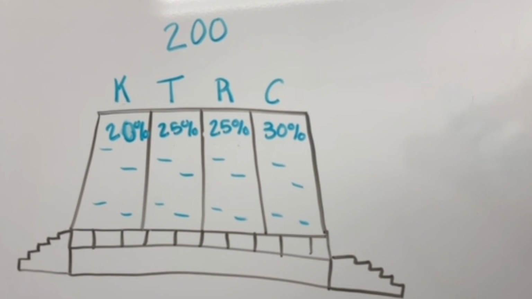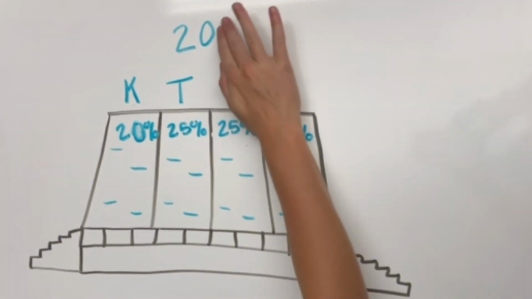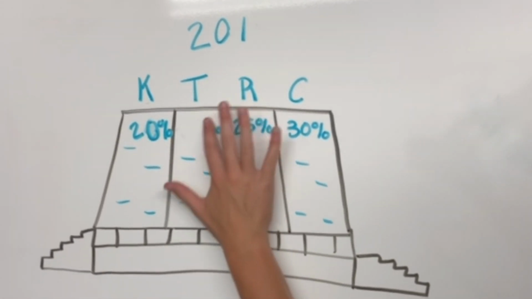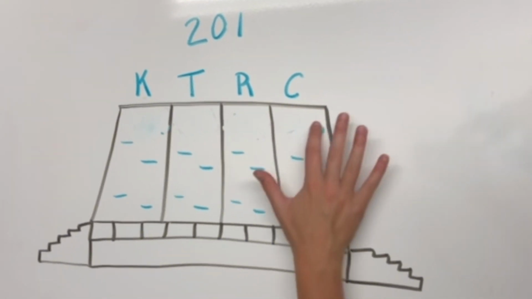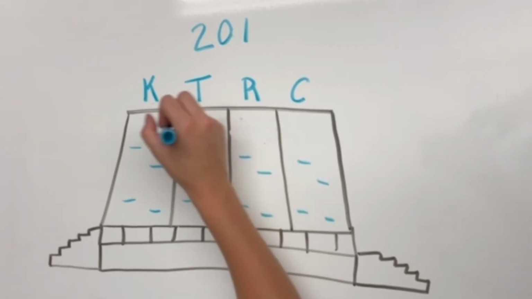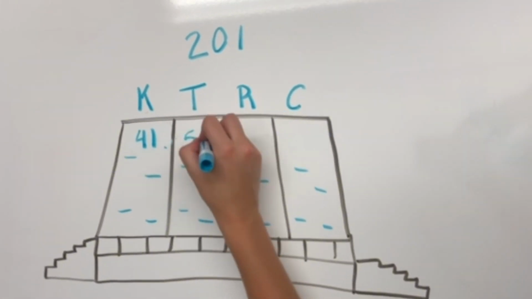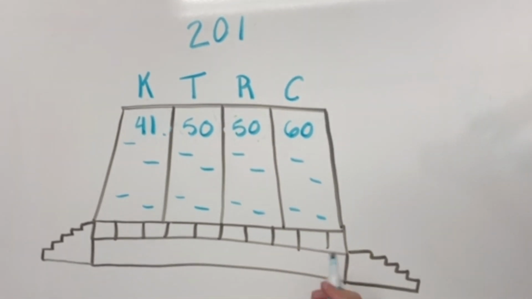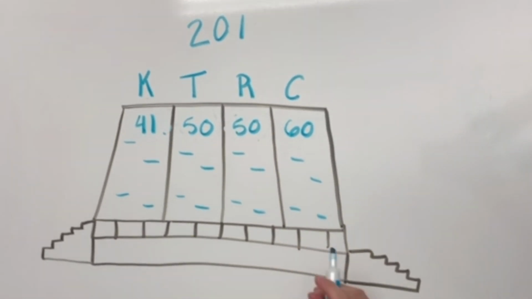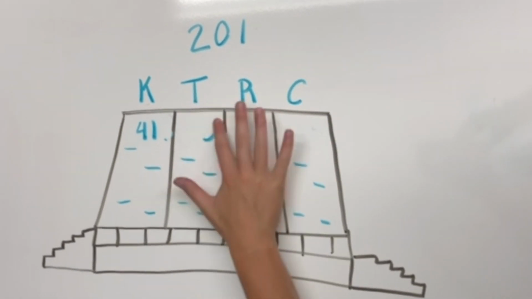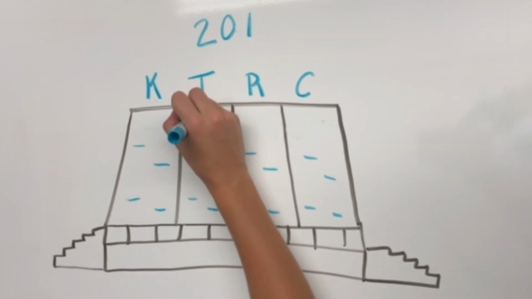But here's the power of this type of scoring. Let's say Colby brought just one more student, so now we have 201 students. Everyone else still brought the same amount of students, but now Colby has 41. That one extra student just gave points to the Colby house because Romero's 50 students is a smaller percentage of 201 instead of 200. Instead of 3.75 points, they now receive 3.72 points.